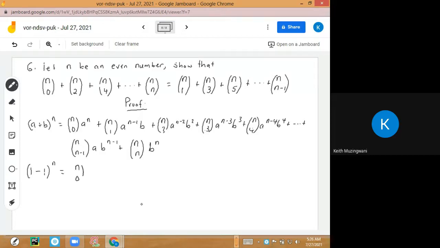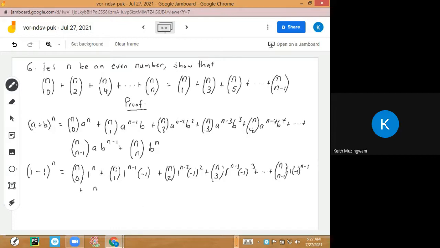So we have n0 1^n, n1 1^(n-1) times negative 1 where there is b, n2 1^(n-2) negative 1 squared, n3 1^(n-3) negative 1 cubed, keep going up to n minus 1, 1, negative 1^(n-1), all the way up to n choose n, negative 1 power n.